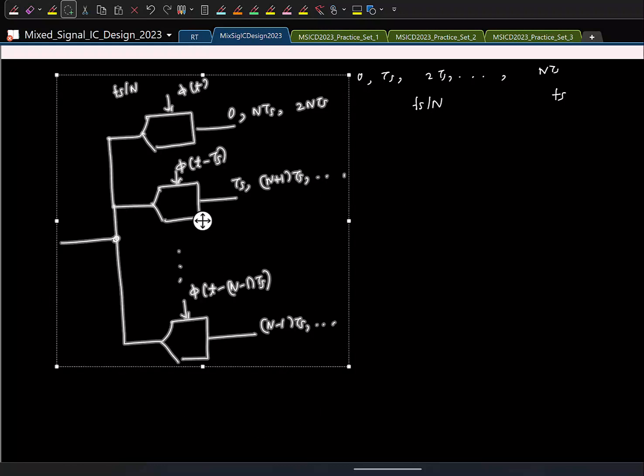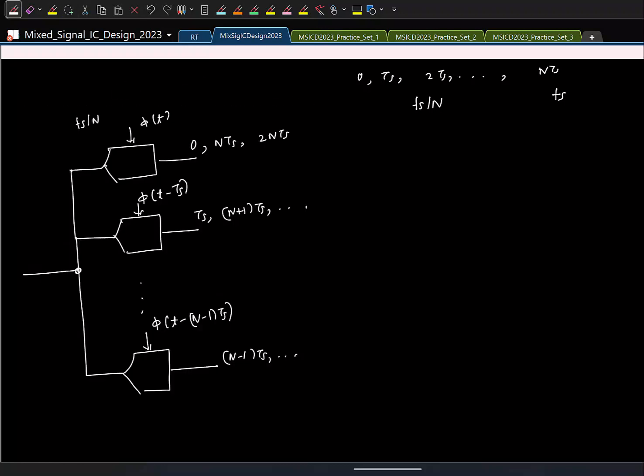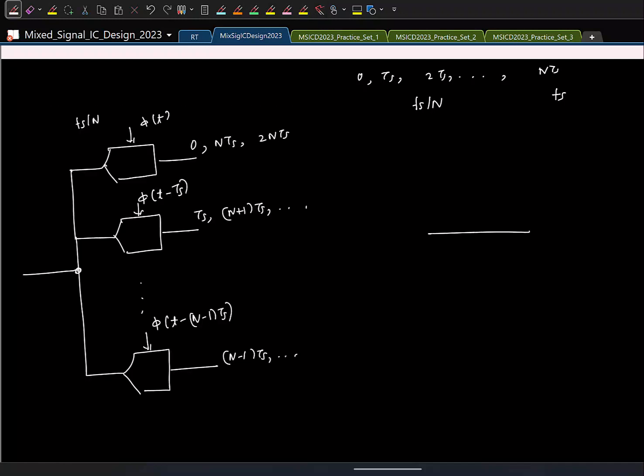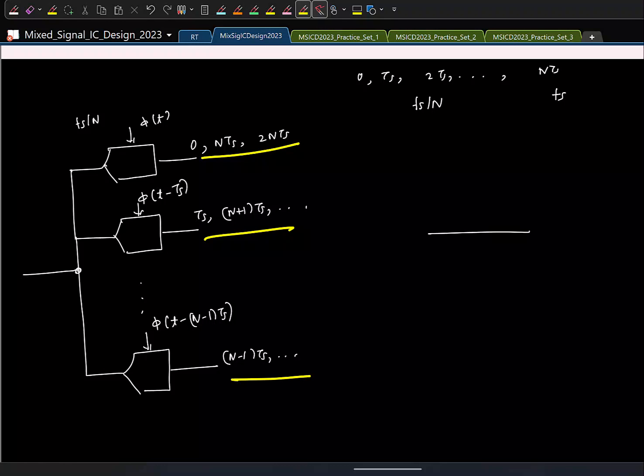So at the output, how do I stitch them to form a single data stream? I have these N outputs. Finally, what do I do to get a single data stream? This is the data I'm getting from each channel, right? I basically have to multiplex.